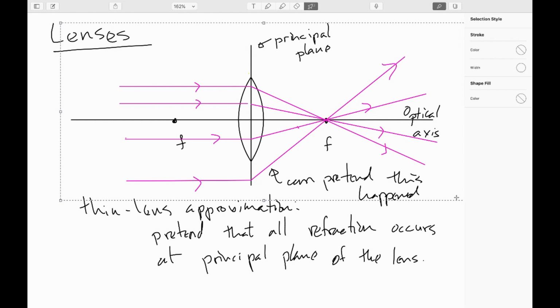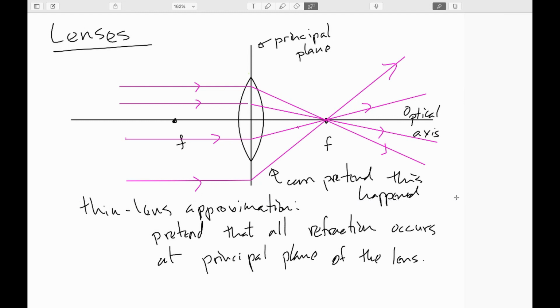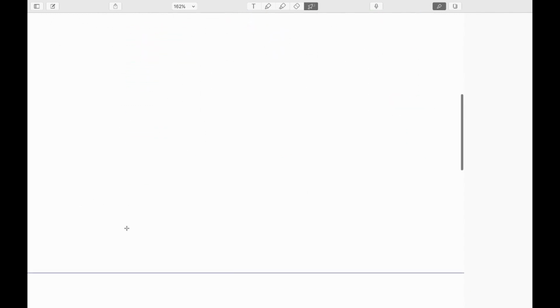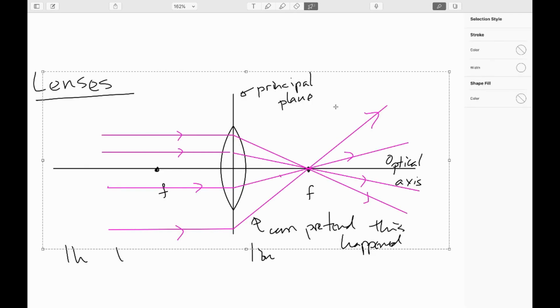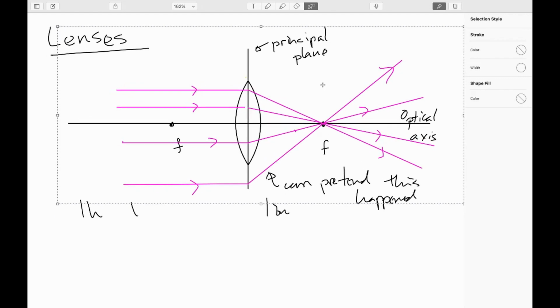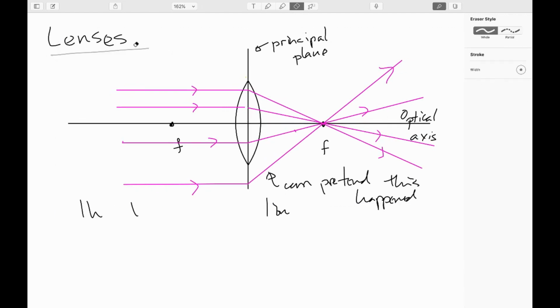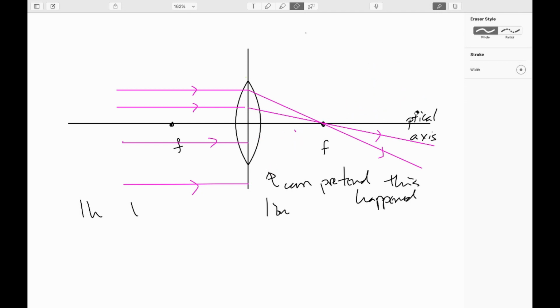So I'm just going to copy my lens here. And so, much like we were doing with mirrors, there is a construction you can do to relate object and image distances, focal lengths, all of that. So that's what we're about to do.